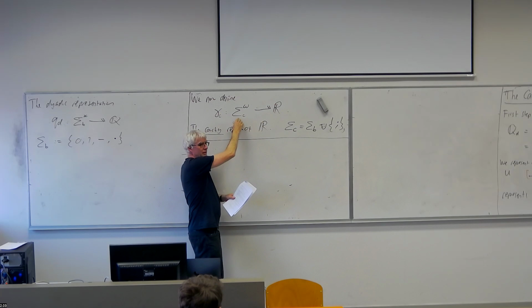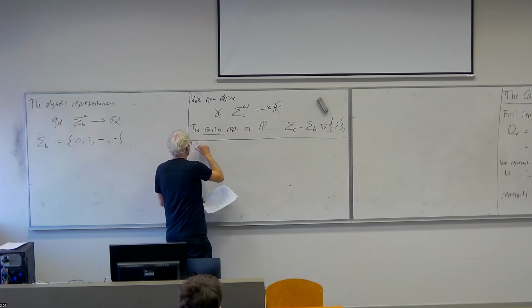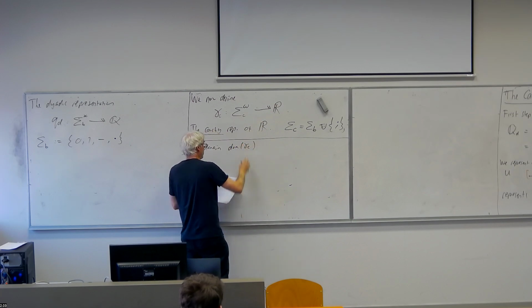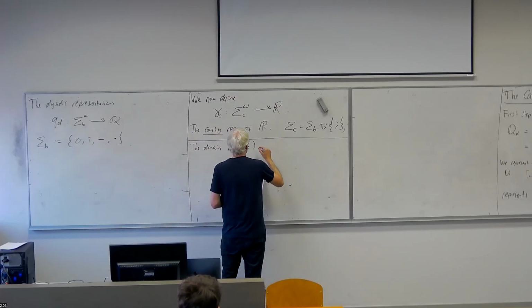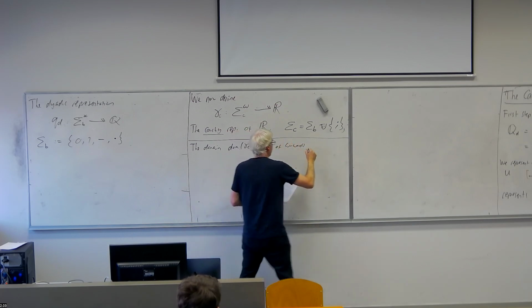In other words, what an omega word needs to look like in order to be a name for a real number. So the domain of gamma c, in other words, the set of all names for real numbers, consists of omega words of the form.